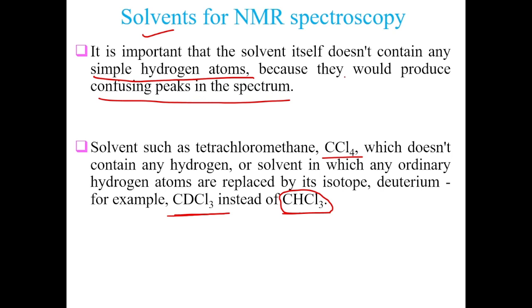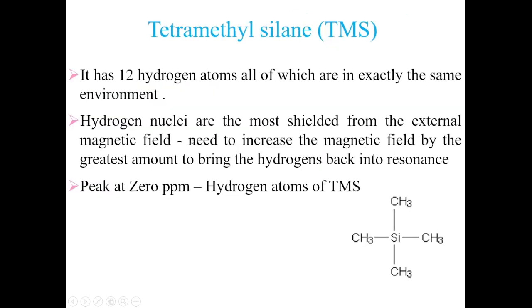So solvents such as tetrachloromethane, which does not contain any hydrogen, or solvents in which ordinary hydrogen atoms are replaced by its isotope deuterium, for example CDCl3, should be used. And apart from the solvent, we have to add tetramethylsilane also, because it has 12 hydrogen atoms, all of which are in exactly the same environment, and these hydrogen nuclei are the most shielded from the external magnetic field. Why?